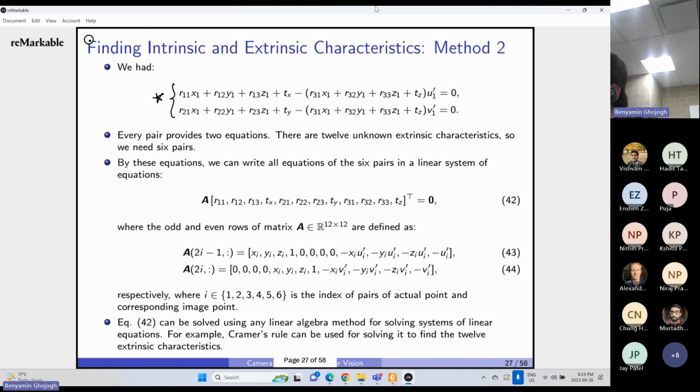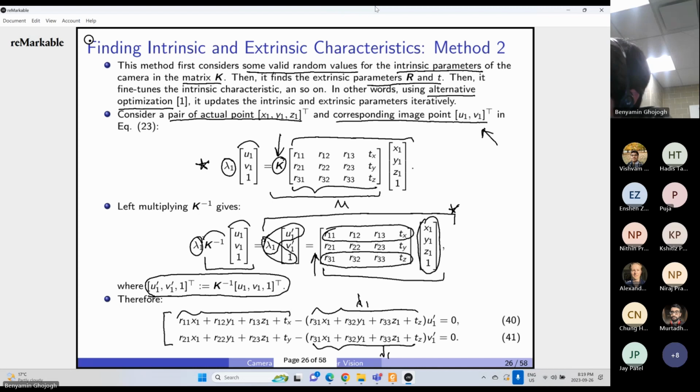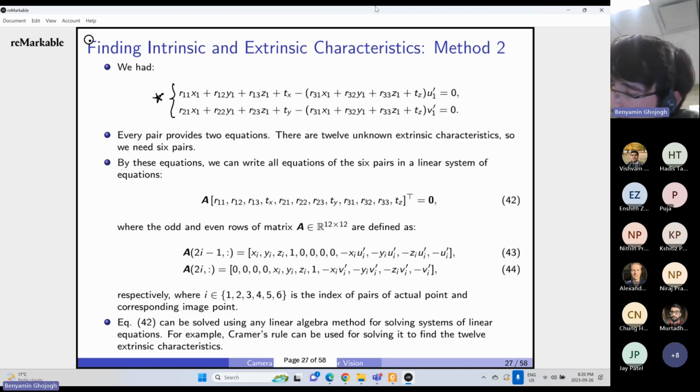How many unknowns do I have? These are unknowns: rotation values and translation values. So 12 unknowns, and two equations per pair of points. Therefore, I need 6 pairs here again.